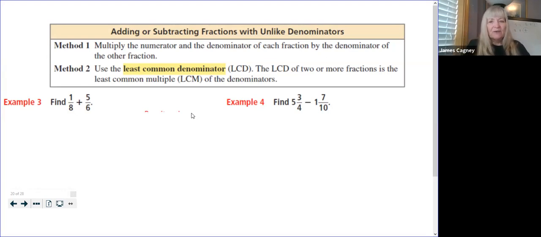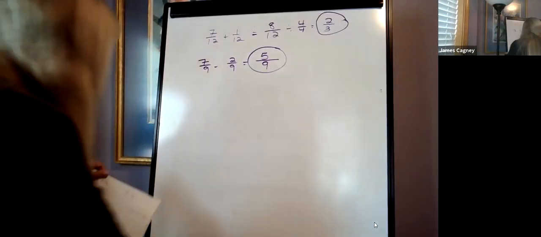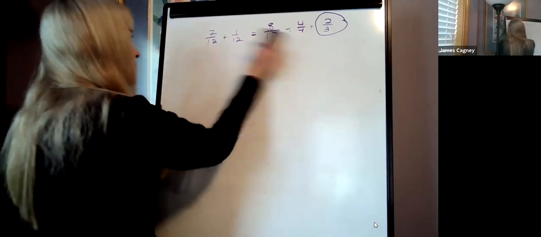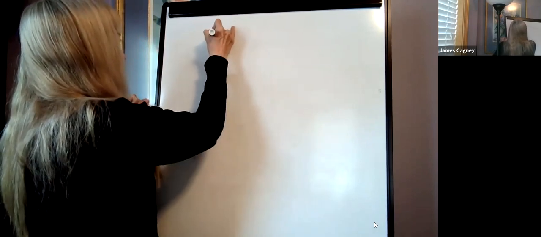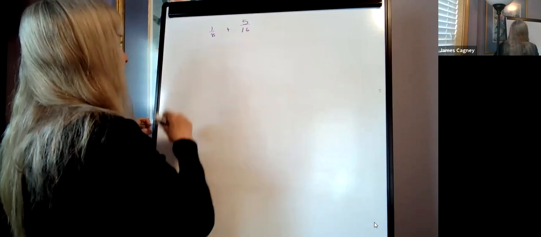Stop and see if you can do it first, and then go on with checking to see if you got it done. And I'm going to do it both ways. So when I have 1/8 plus 5/16, oh man, this could be tough.